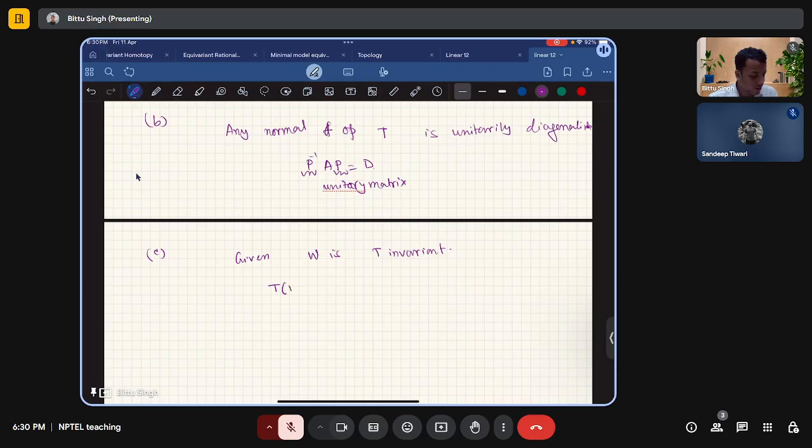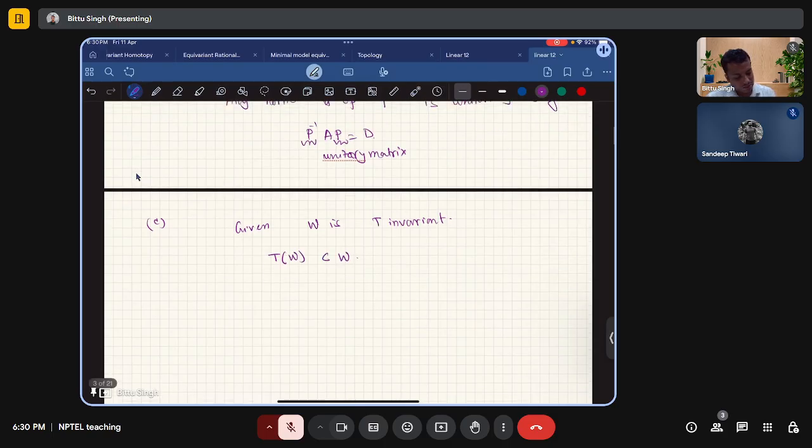T invariant means T applied on W is contained in W. Now let us take some element W dash from W perp. We are trying to prove that T star W dash belongs to W perp.